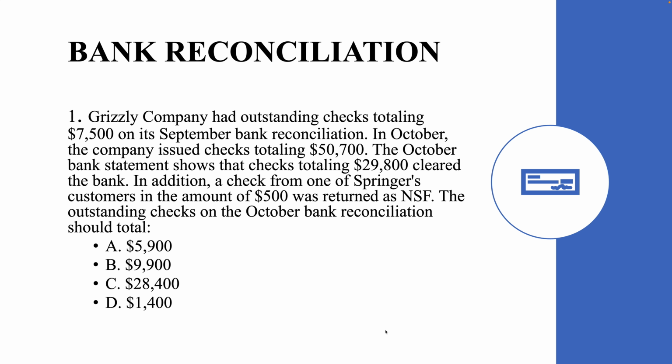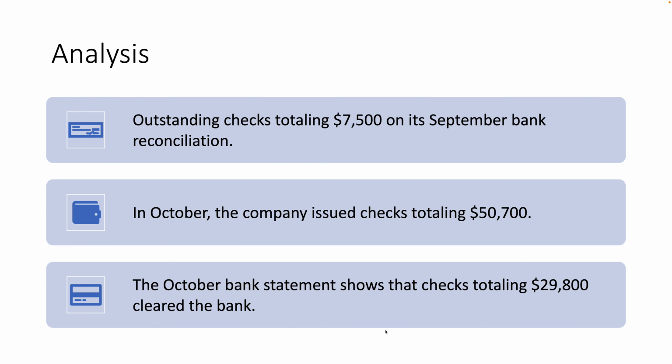So we have the outstanding checks totaling $7,500 on its September bank reconciliation, and we add issued checks $50,700, and we subtract cleared checks $29,800.